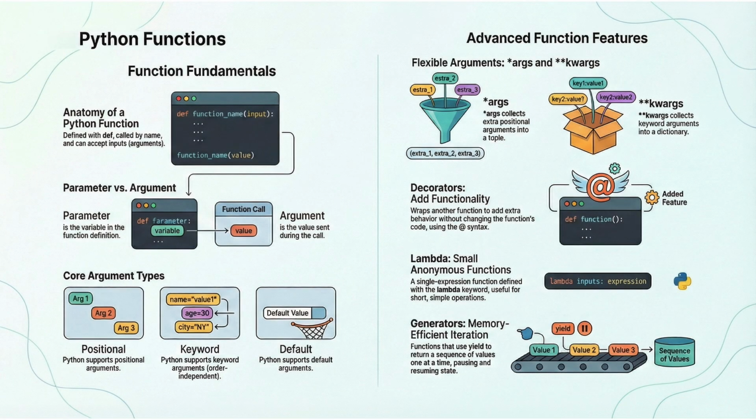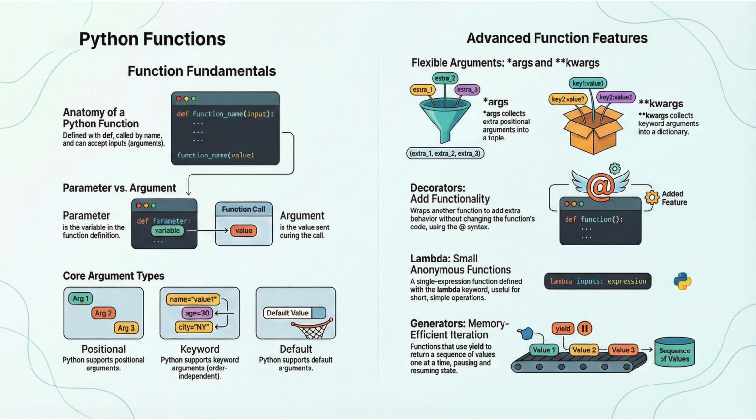It starts with the basics, how functions are defined using def, how they are called, and how they accept inputs. The difference between parameters, variables in the function definition, and arguments, values that are passed during the function call, is clearly explained. Next, it introduces the core argument types in Python: positional argument, keyword argument, and default argument.